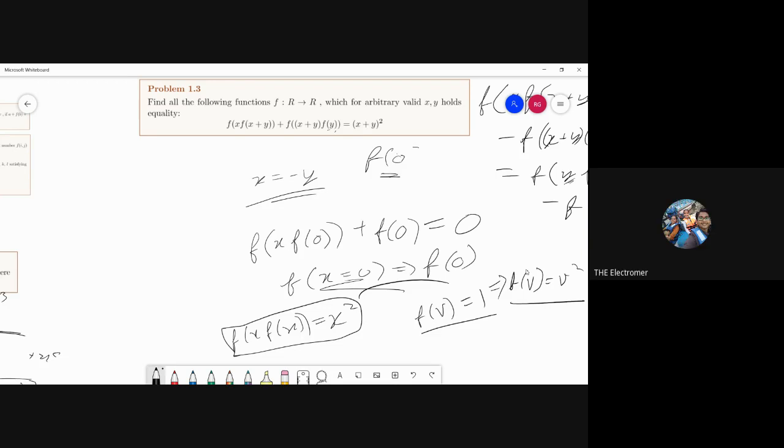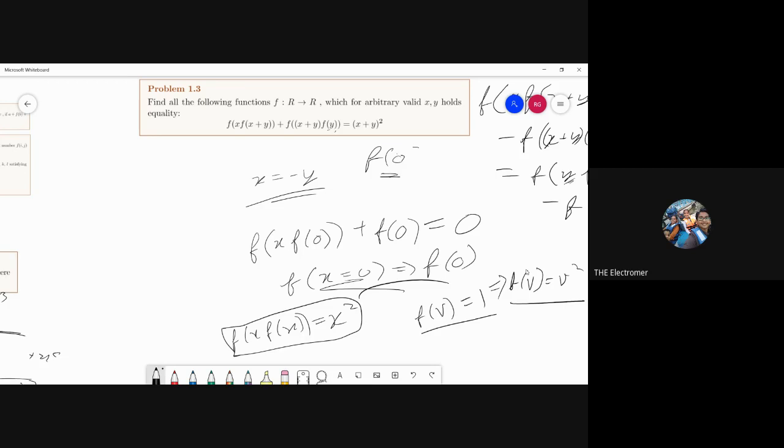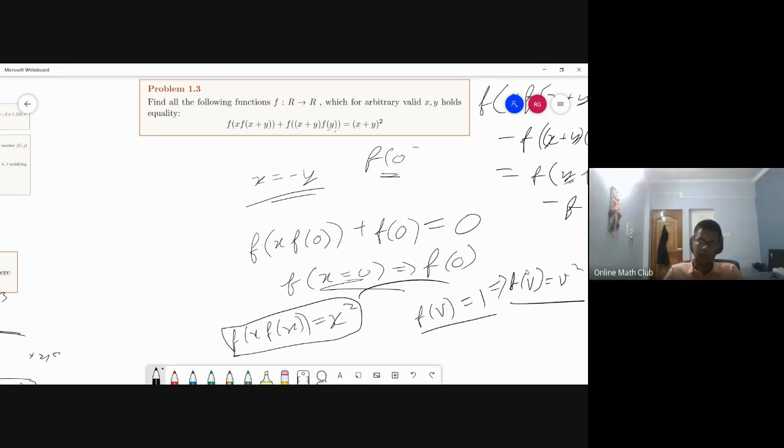Sorry for the silly doubt, but what was injectivity? I only remember onto. Injectivity is like: a goes to b, c goes to b, implies a equals c.